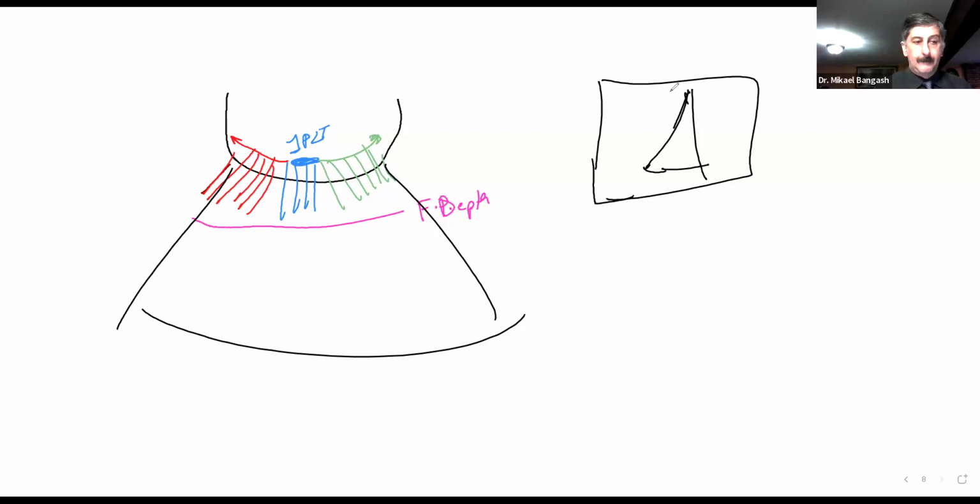But this was only possible because this PCT here was physically working. If this PCT here gets damaged due to whatever, now, although it may move this way, and or it may move this way, since the PCT is damaged, what's going to happen?